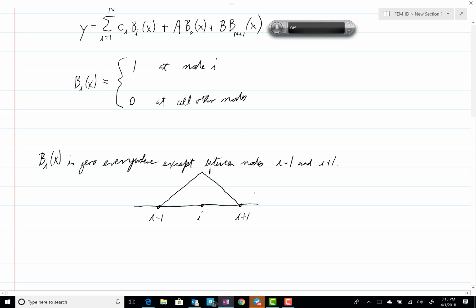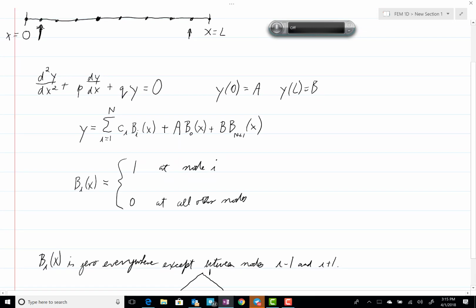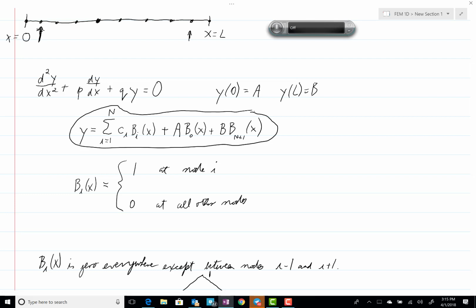So with that knowledge of the basis functions, you can come back up here to our expression for y, and you can see that it will automatically agree with the two boundary conditions given. Now, what I would suggest is that rather than writing y in that way, you write it a little more compactly like this.